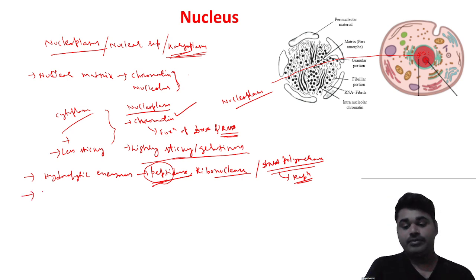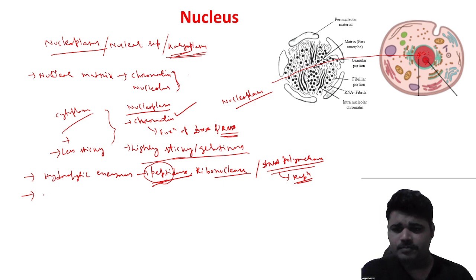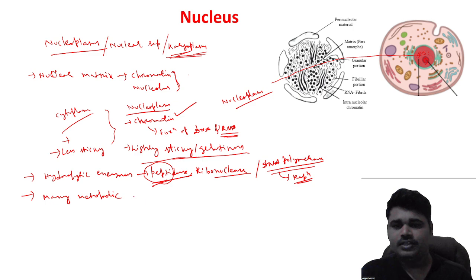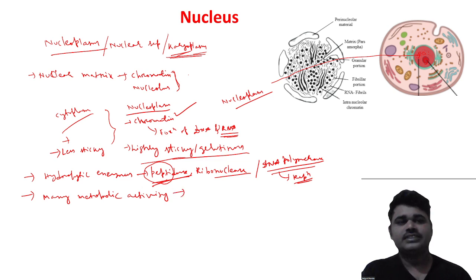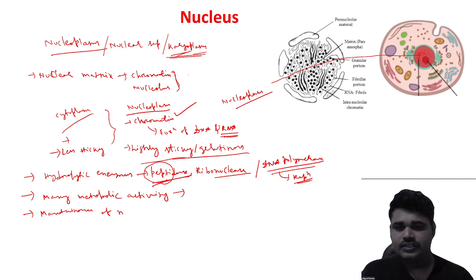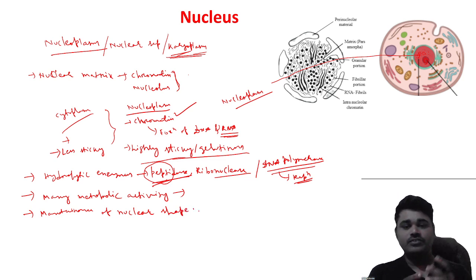For example, many metabolic activities also take place in the nucleoplasm, and most importantly it also helps in the maintenance of nuclear shape.